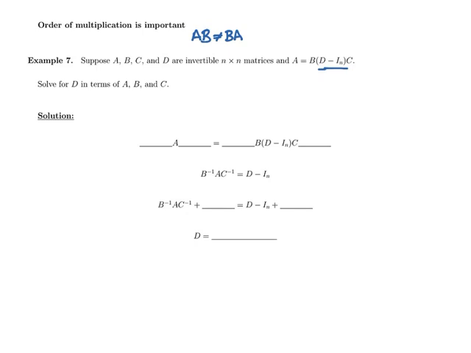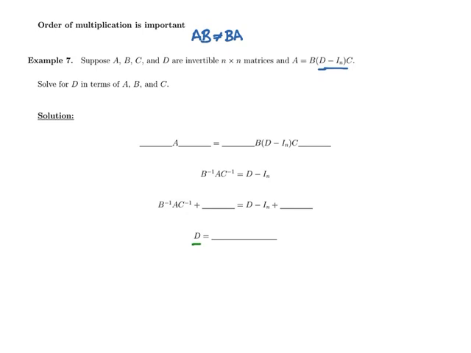So if I want to solve for D, if I want to get D by itself on one side of the equation, I need to move everything with D to the other side of the equation, and I need to do that by using the inverses. We cannot divide by matrices. We have no way to do that, but we can multiply by inverses to get rid of matrices on either side.